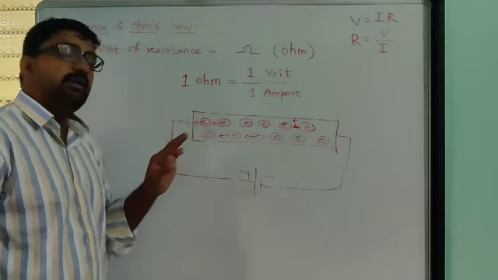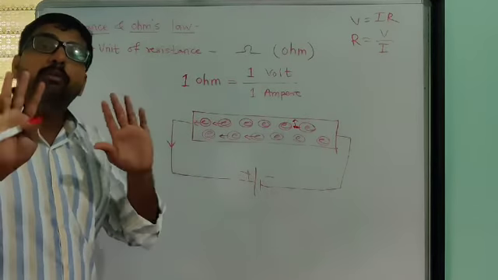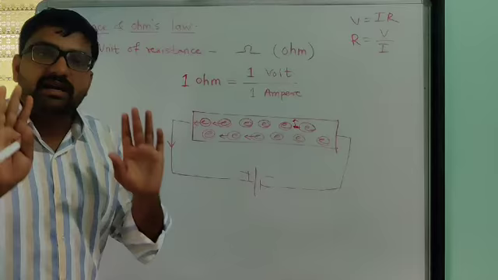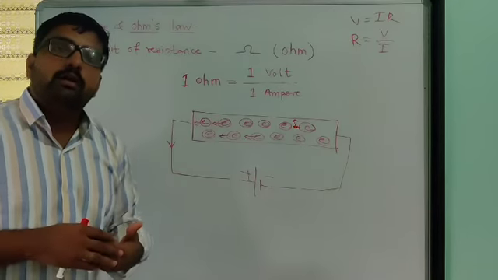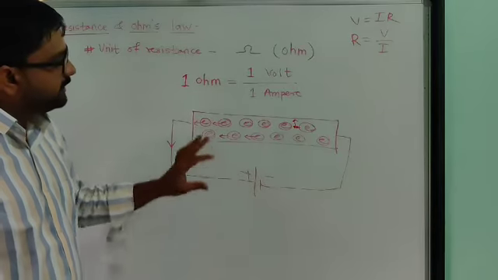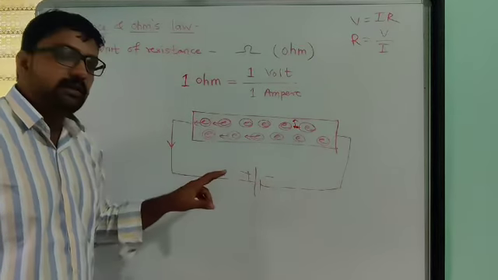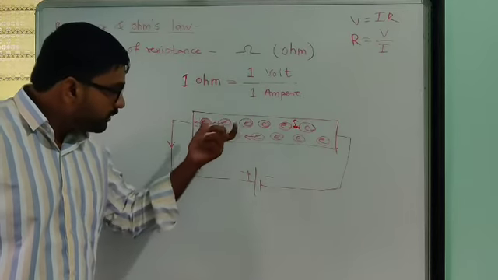Now next, about resistance. Simply, resistance is opposition to the motion of charges. That is the property of a material that opposes the motion of charges, which is called resistance. Such a case we see inside the material.